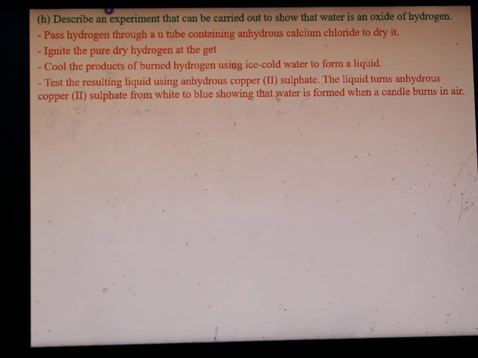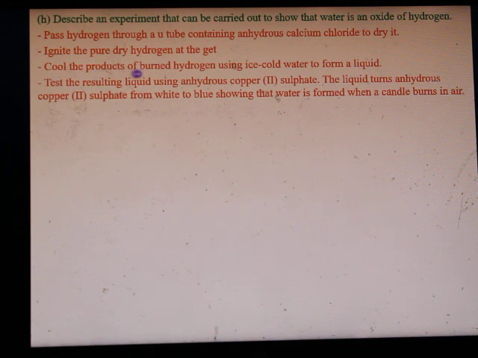Then you can be asked to describe an experiment that can be carried out to show that water is an oxide of hydrogen. So to describe this, the first thing, pass hydrogen through a tube containing anhydrous calcium chloride to dry it. Then ignite the pure hydrogen at the jet.